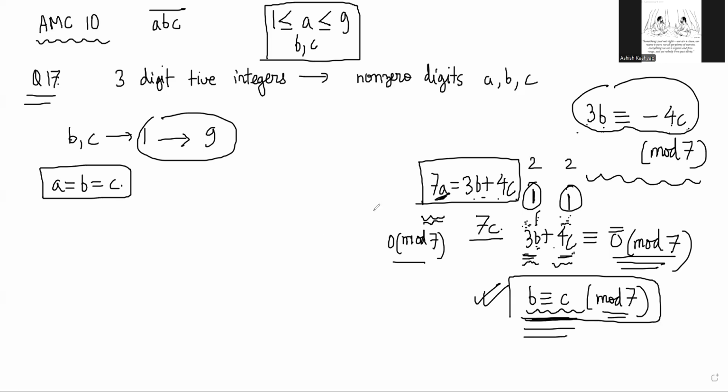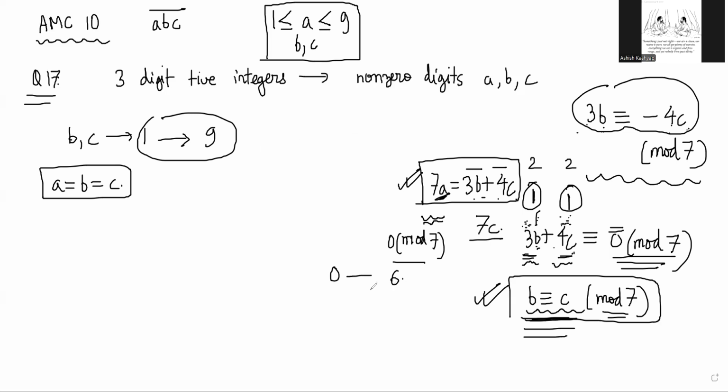So how can we still get 7A equal to 3B plus 4C? We can do that if we say that the remainders of 7 are from 1 to 6, right? Or 0 to 6.